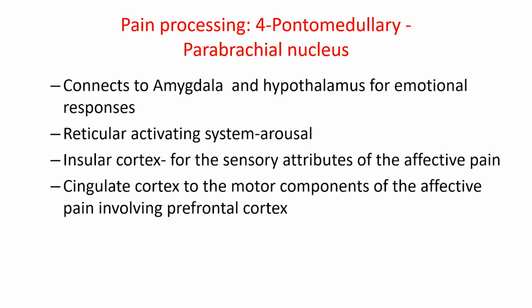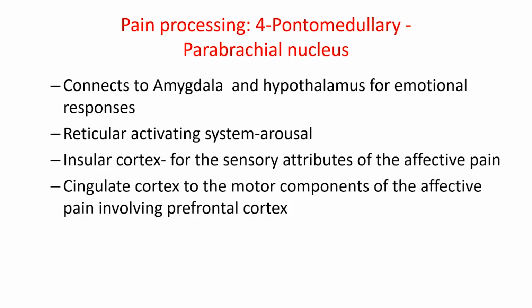These parabrachial neurons also give collaterals to the reticular system that would again pass on to the arousal response. From the amygdala, the fibers reach the insular cortex. The insular cortex has the sensory attributes of the affective pain, which I will come to when I talk about the insular cortex.